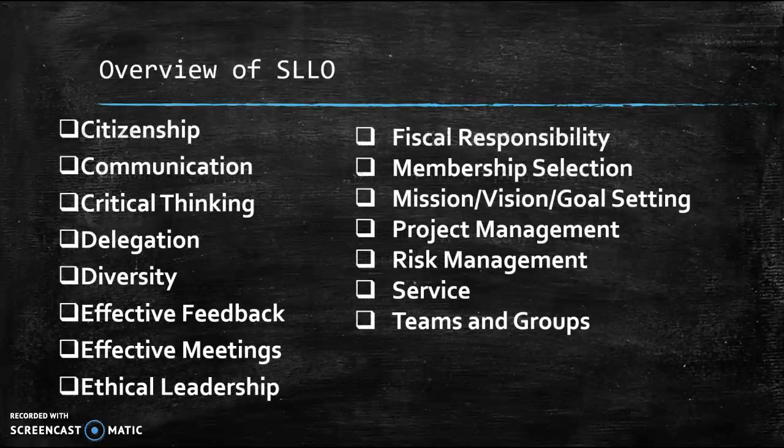So as I mentioned, the 15 content areas that the Student Leader Learning Outcomes Project focuses on are listed here. So whatever you're looking to measure in your student organization, you could refer to one of these outcomes, and it'll show you the outcomes. This is all listed on the website, which is listed in my reference page. But you could choose any of these, and it'll not just provide you with the outcomes, but it'll also provide you with the rubrics.